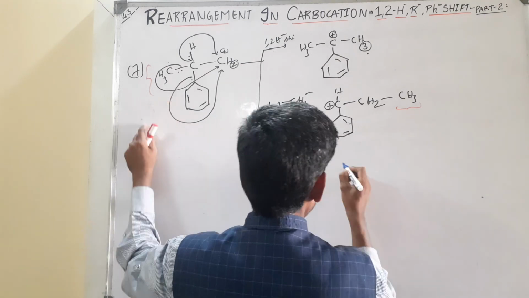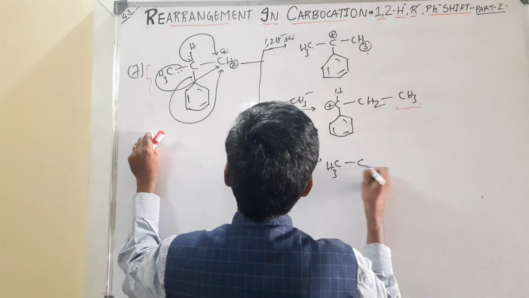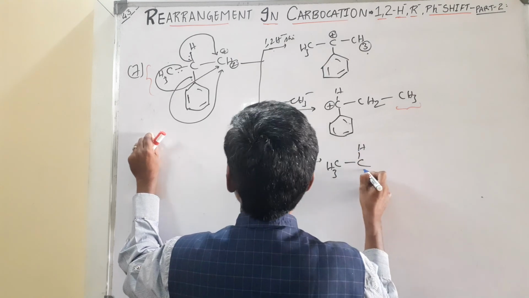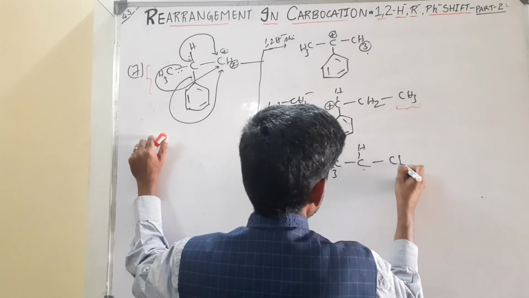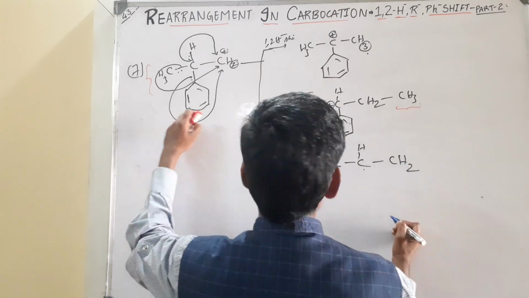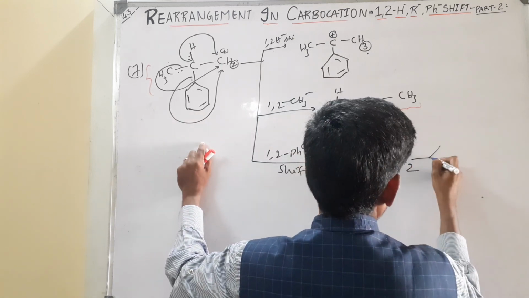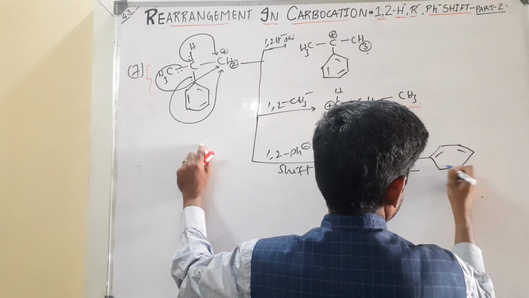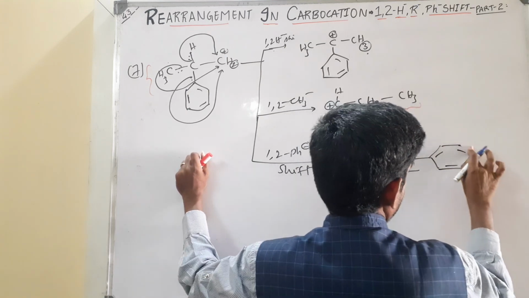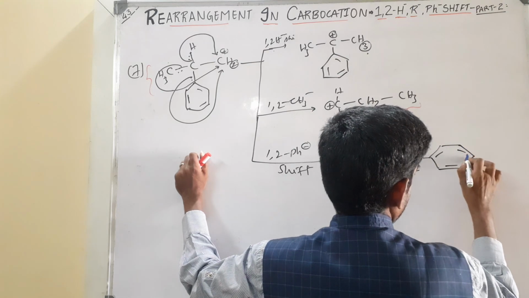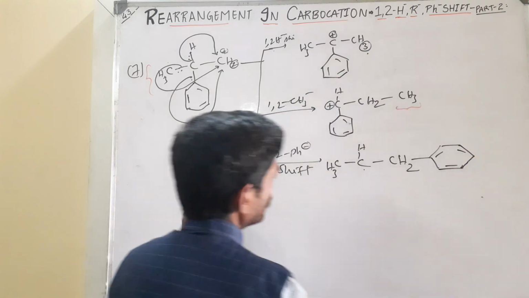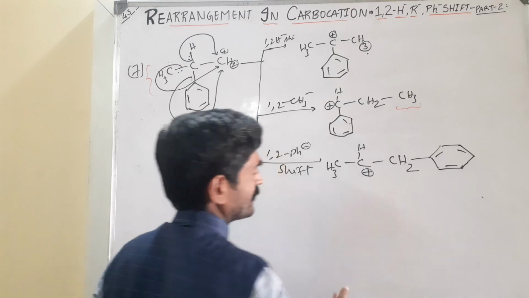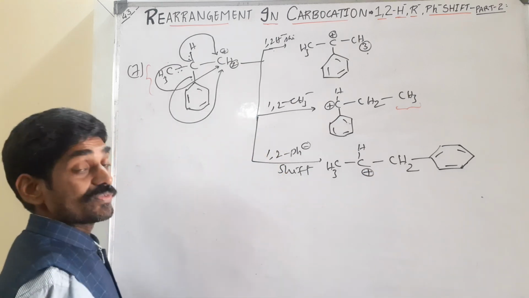You will get like this: there is CH3, here carbon and here hydrogen, and here CH2, and this phenyl group is bonded to this one. Now this carbon gets positive charge. Is it clear?